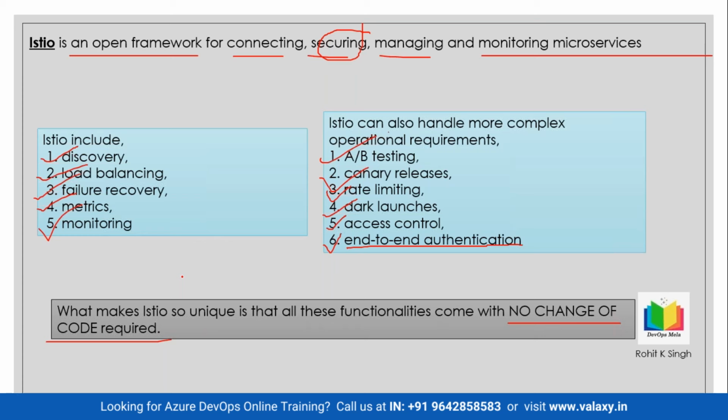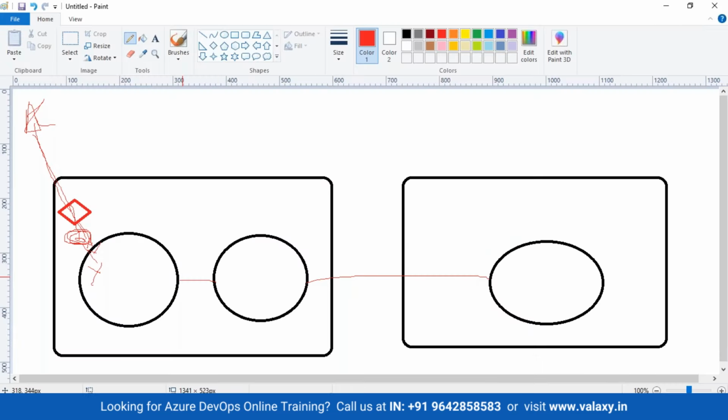It will run as a sidecar container. Remember, sidecar container. The network proxy I was describing will be inside the pod, and inside this pod there are two containers.